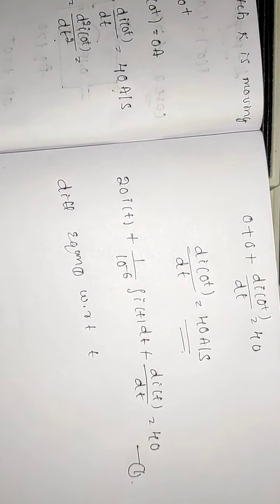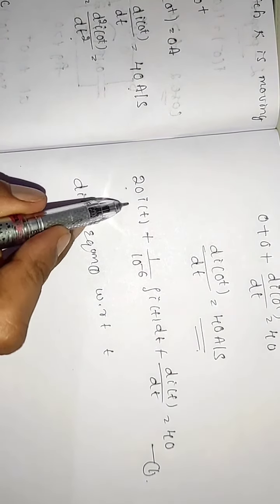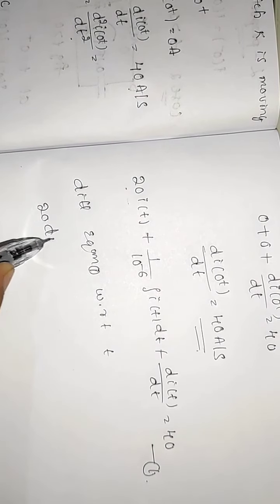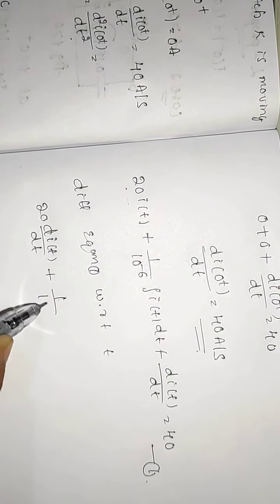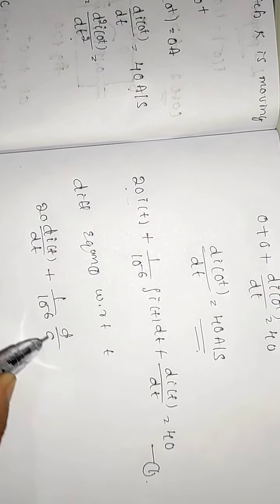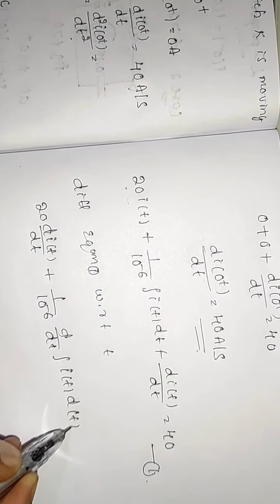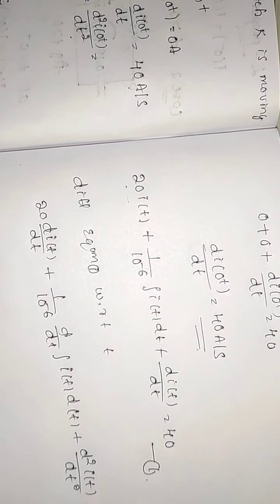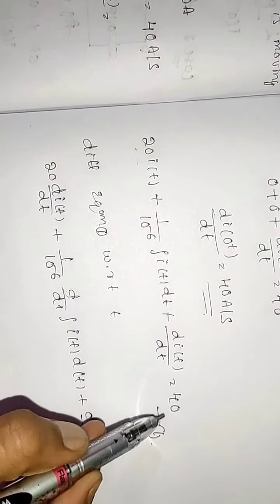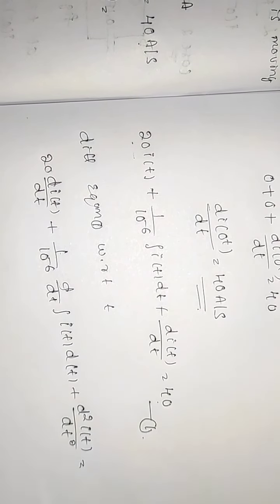So what you get here: differentiating, this term becomes 20 into d I of t divided by dt, plus 10 power minus 6, d by dt of integration of I of t into dt, plus d square I of t divided by dt square equals, here 40 is the constant term, right? 40 is the constant term. So differentiating with respect to time, the constant becomes 0.